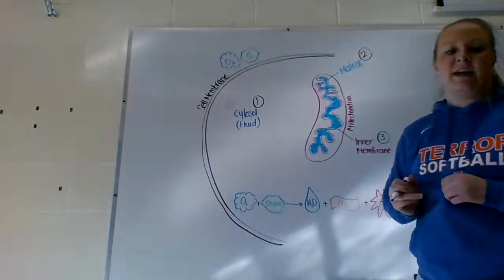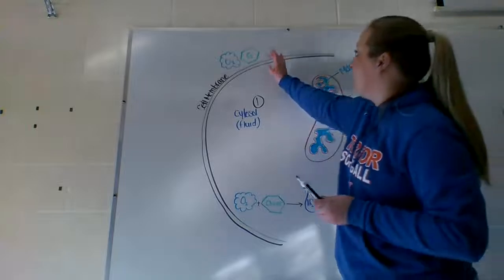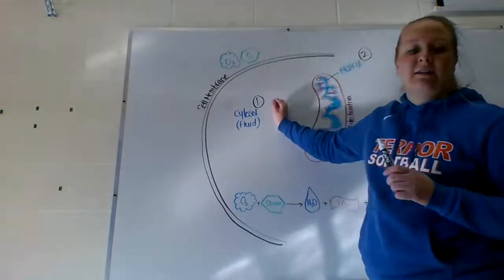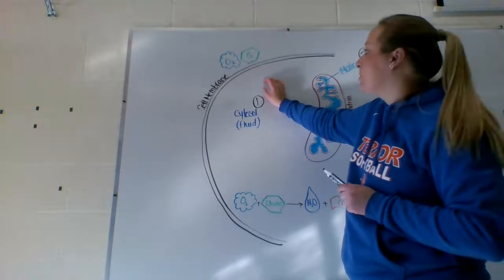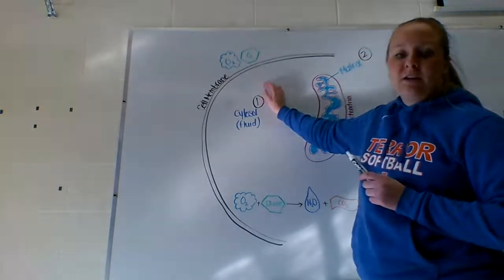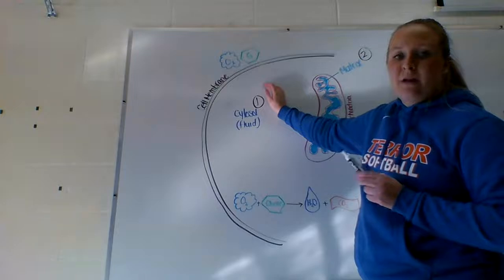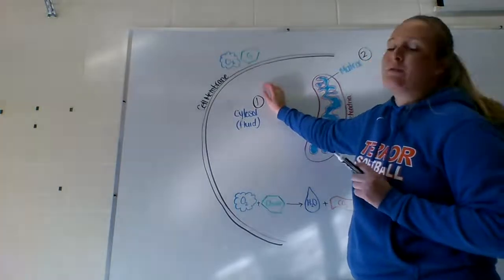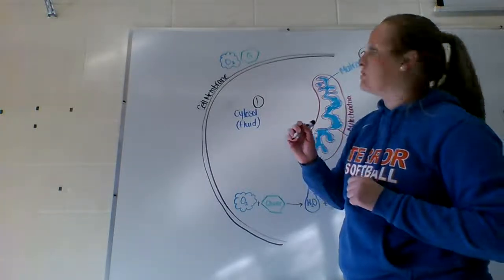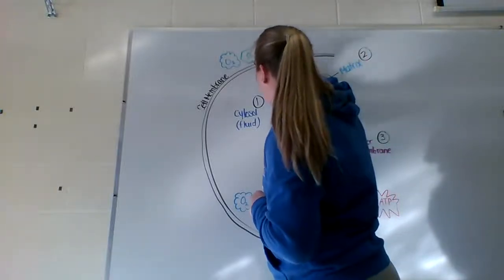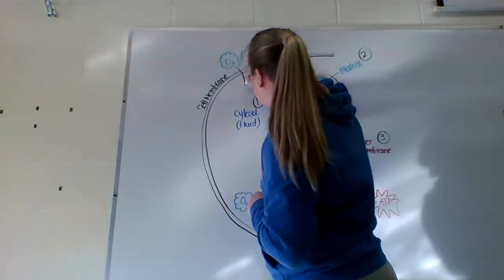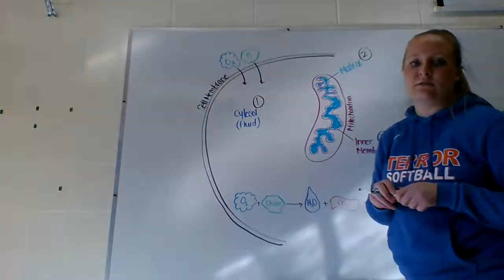Okay, so the first thing that has to happen is, right now, glucose and oxygen are outside of the cell. They need to enter the cell by going through the cell membrane. And hopefully you remember diffusion. That was our 3rd unit. So they enter through diffusion. I'm just going to draw arrows to represent that. So glucose is going to enter, and oxygen is going to enter the cell.